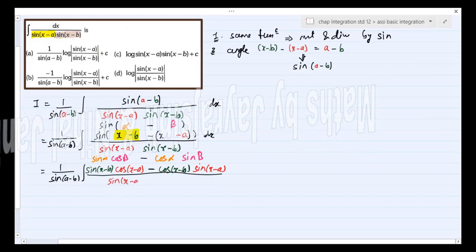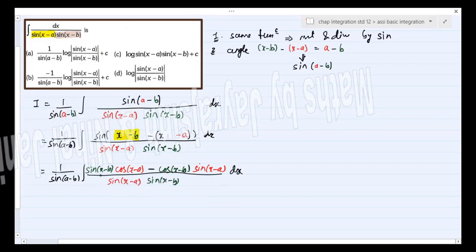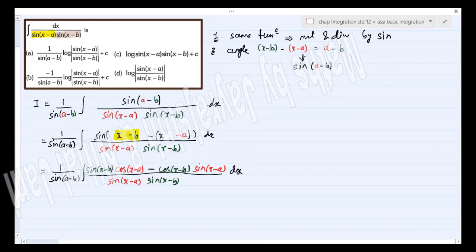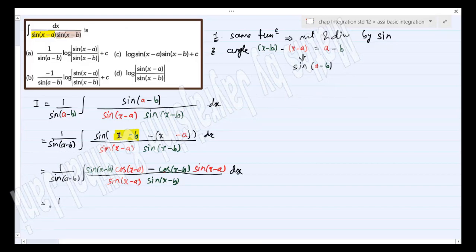Your denominator still remains as it is. So here we successfully get the angles of x minus a and x minus b in the numerator.